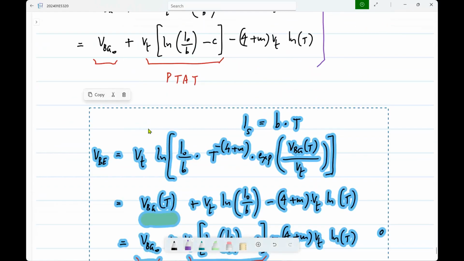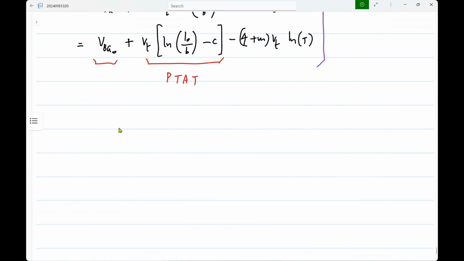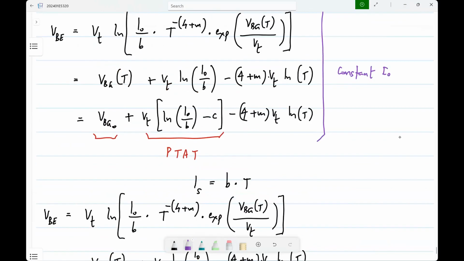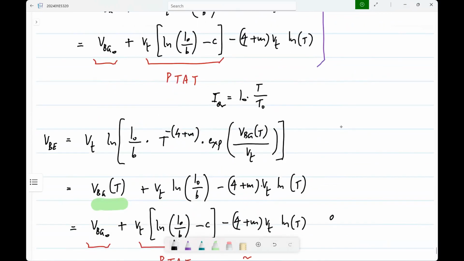What happens if the current itself is PTAT? Then I will assume that the current in the bipolar transistor is of the form some I naught at a temperature T naught, but proportional to absolute temperature. So what will change? I will have to include this term here.